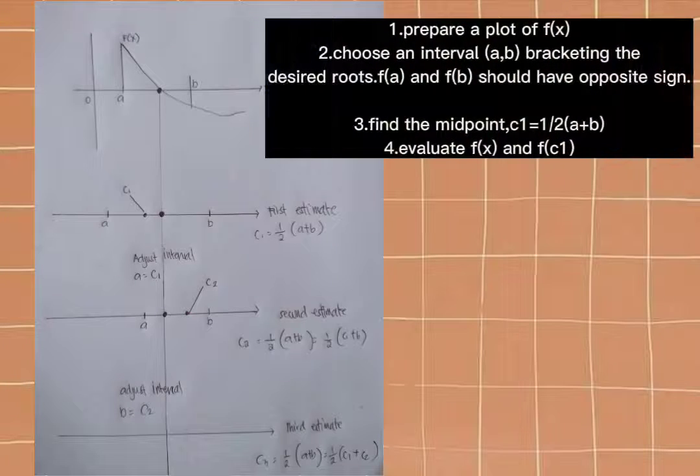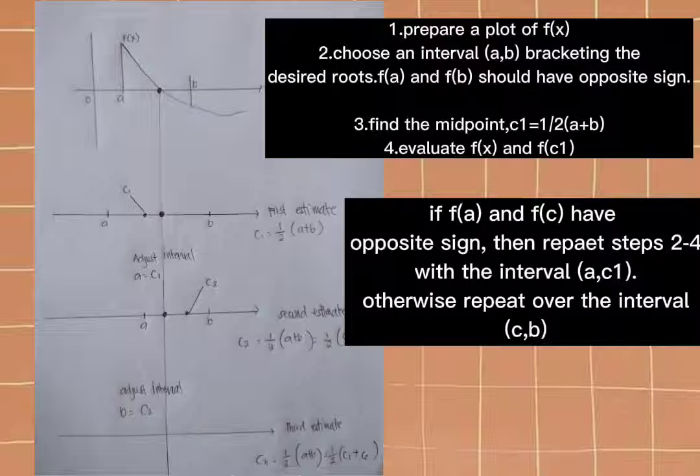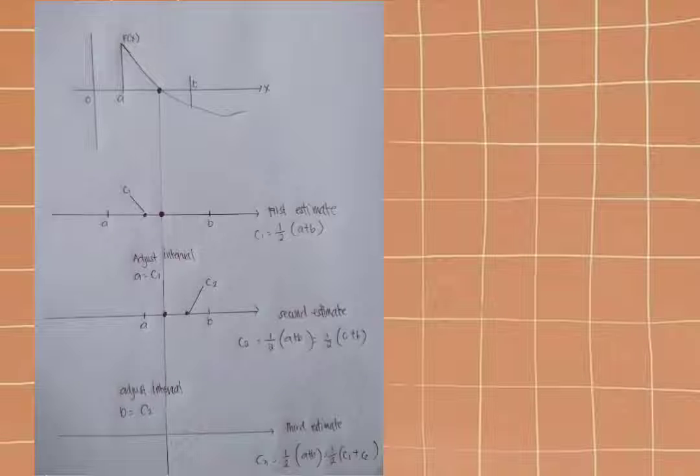As you can see in the illustration, there are 4 illustrations which show the 5 steps in finding the root using the bisection method.